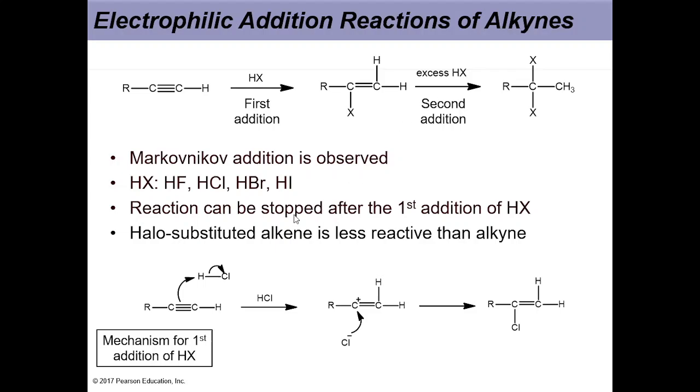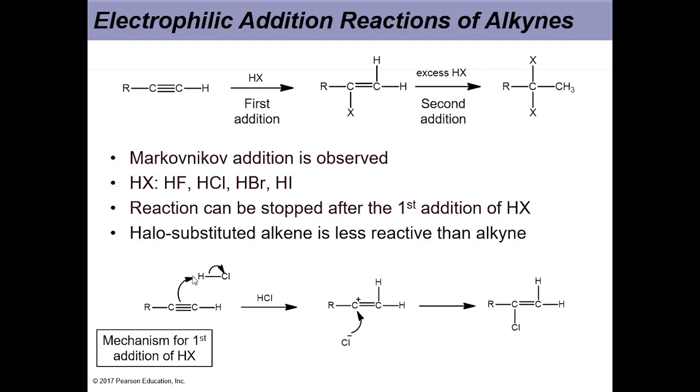The mechanism of this reaction can be seen as this. The electrophilic attack starts from one of the pi bonds, or a pair of pi electrons. That's why you see the tail of the curved arrow starts from one of this bond and goes to the hydrogen.